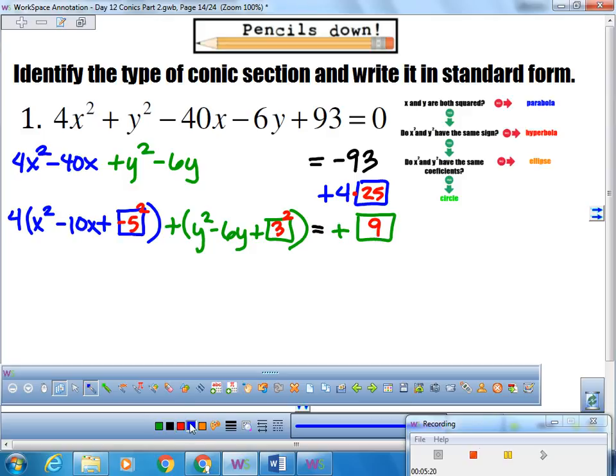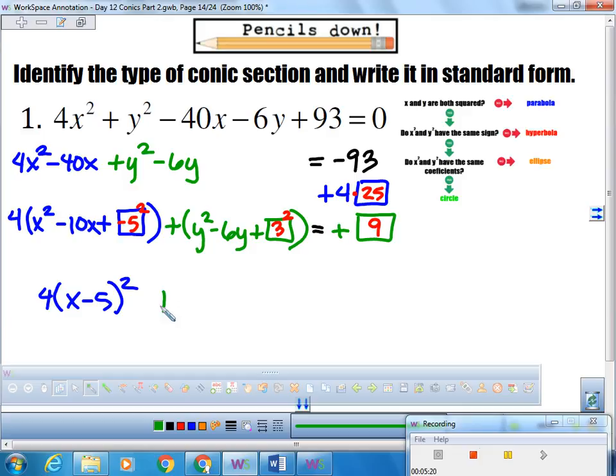So now I can make my perfect square trinomial. I've got 4 times (x minus 5) squared plus (y minus 3) squared equals negative 93 plus 100, which is positive 7, and 7 plus 9 is 16.